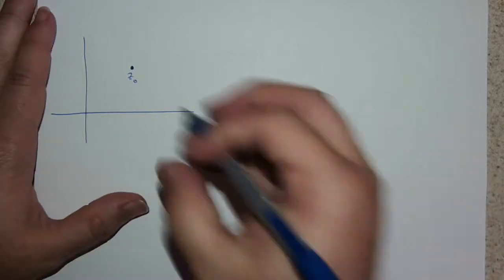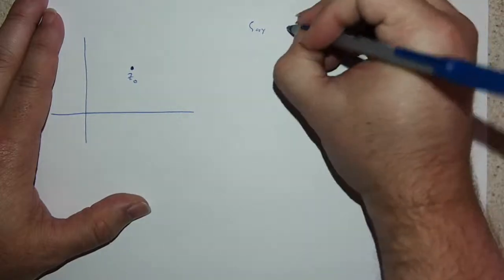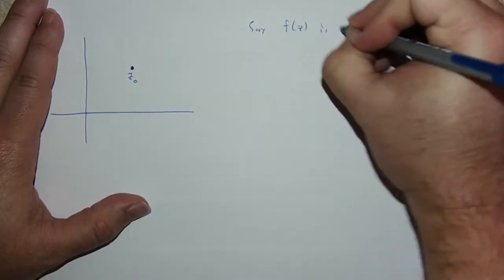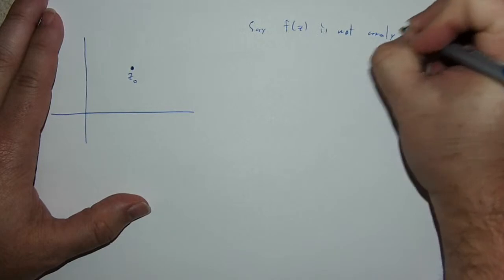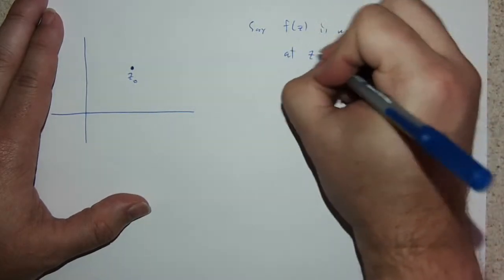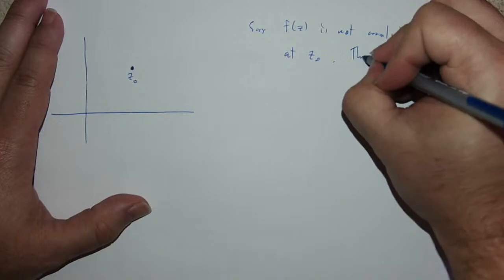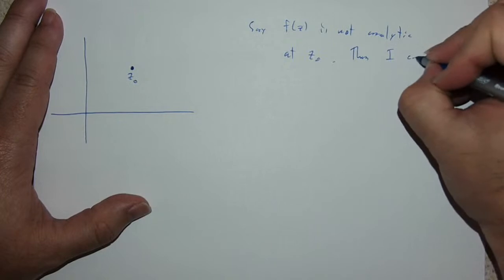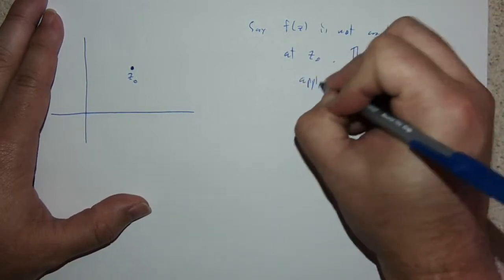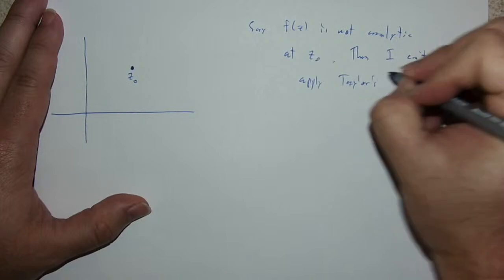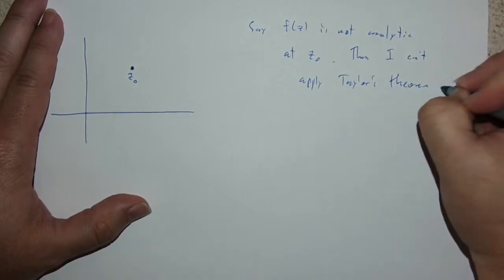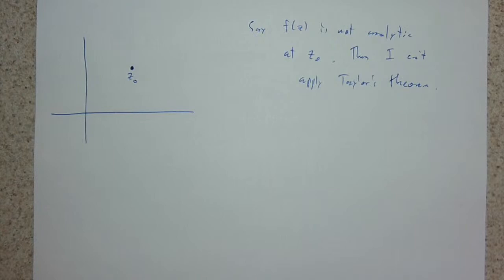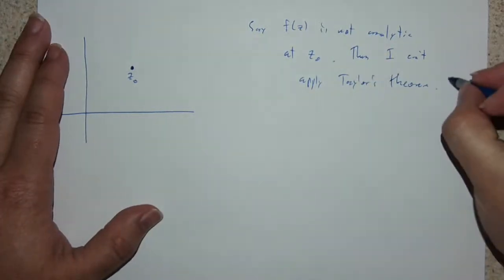Now, the way that this works is, let's say f of z is not analytic at z naught. Then I can't apply Taylor's theorem, at least at z naught.